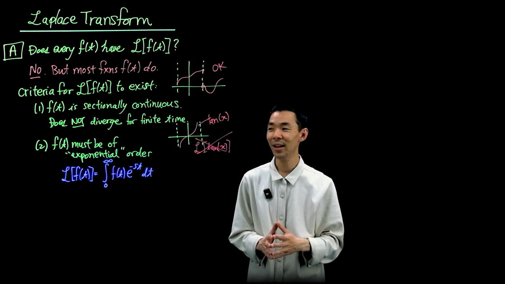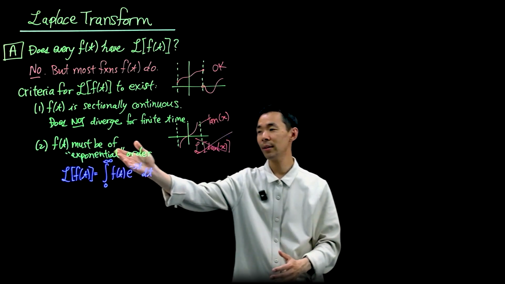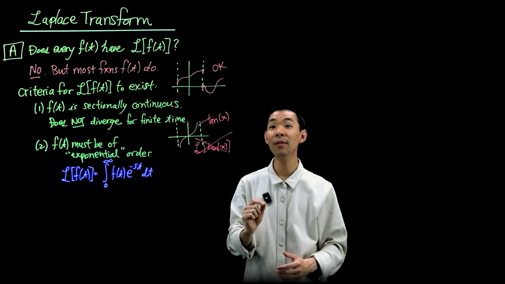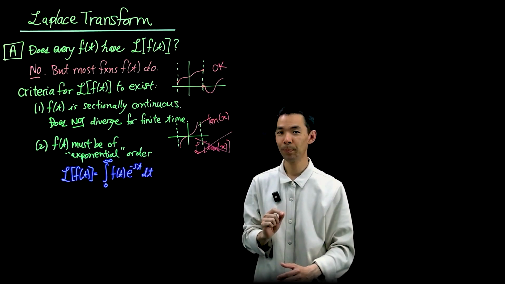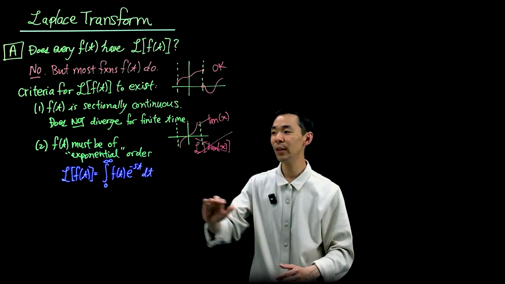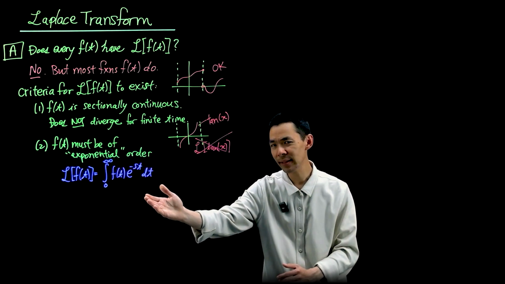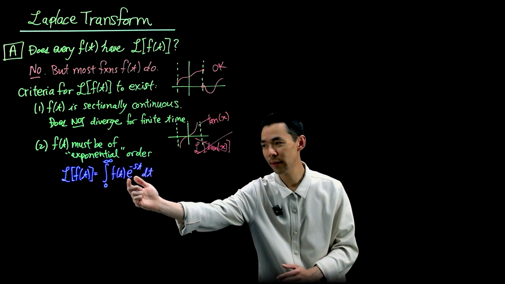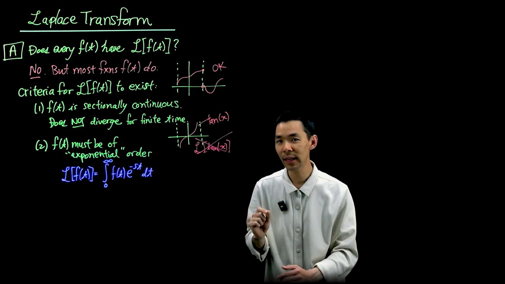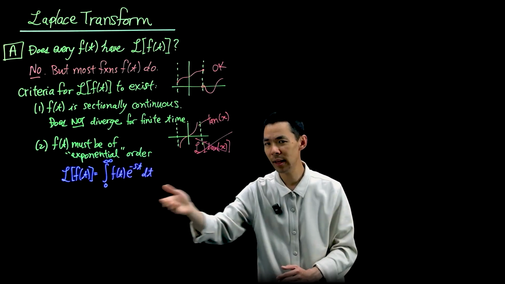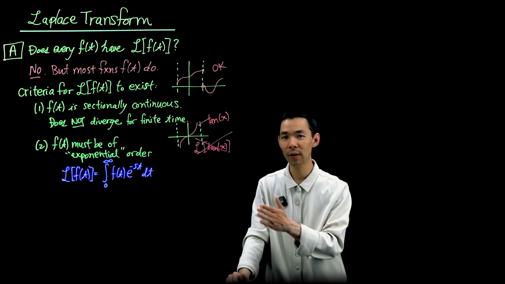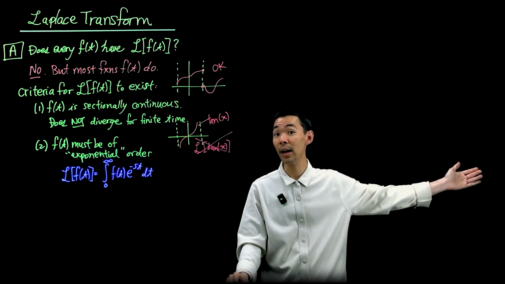The second criterion is that the function you want, little f of t, must be of exponential order. What do we mean by that? If we go back to the definition of the Laplace transform, we basically take the function you want, multiply it by e to the negative st dt, and then integrate from 0 all the way to infinite time.